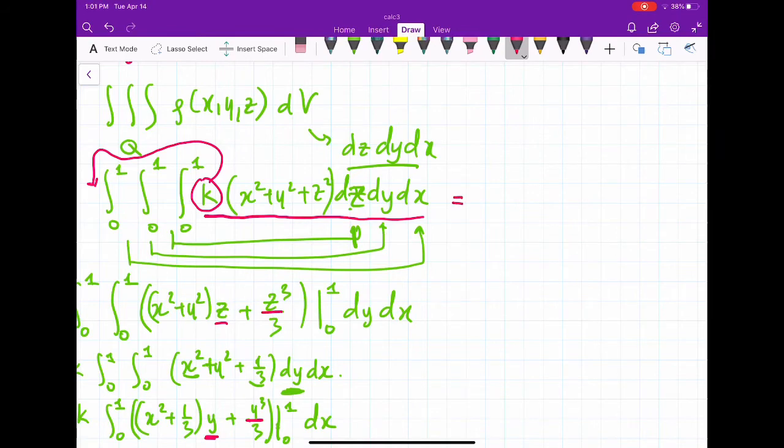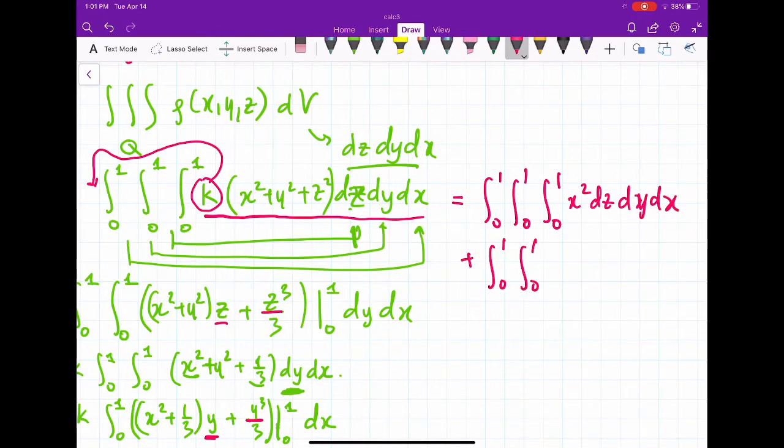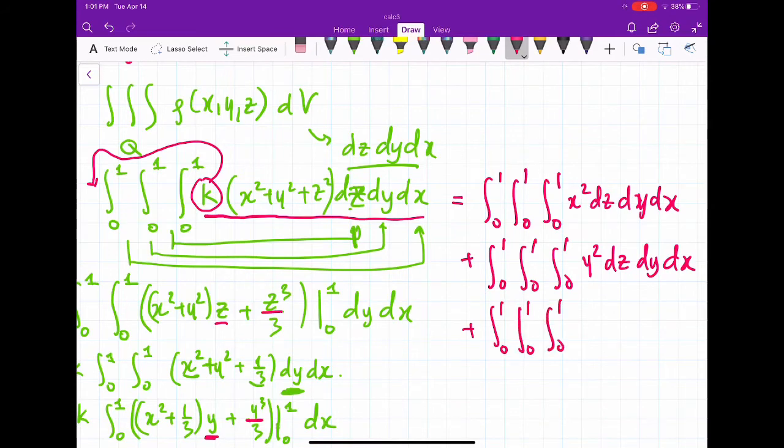So, if I write integral 0 to 1, 0 to 1, 0 to 1, x squared dz dy dx, plus integral 0 to 1, 0 to 1, 0 to 1, y squared dz dy dx, plus integral 0 to 1, 0 to 1, 0 to 1, z squared dy dz dy dx. Now look at this.